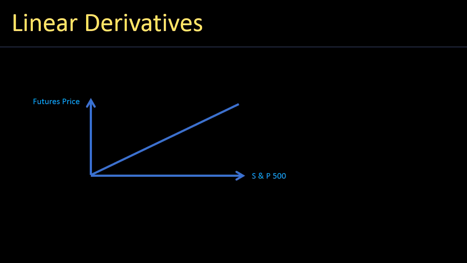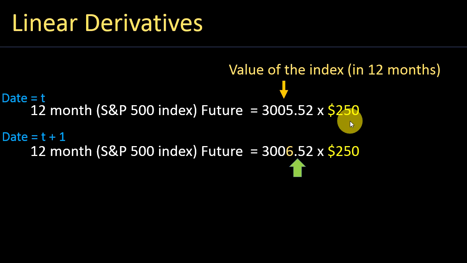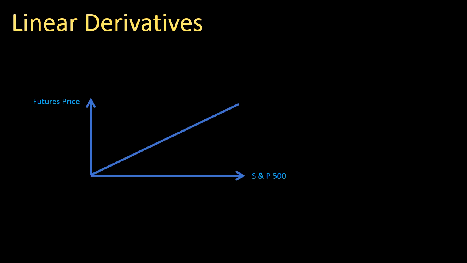We said the constant is just $250, because the futures price is simply the index value multiplied by a constant. Remember, when we talk about linear or nonlinear derivatives, it's always in relation to a particular risk factor. In this case, for an index future, the risk factor is the index. So for a linear derivative, the change in the value of the derivative compared to the change in the underlying will always be a constant.